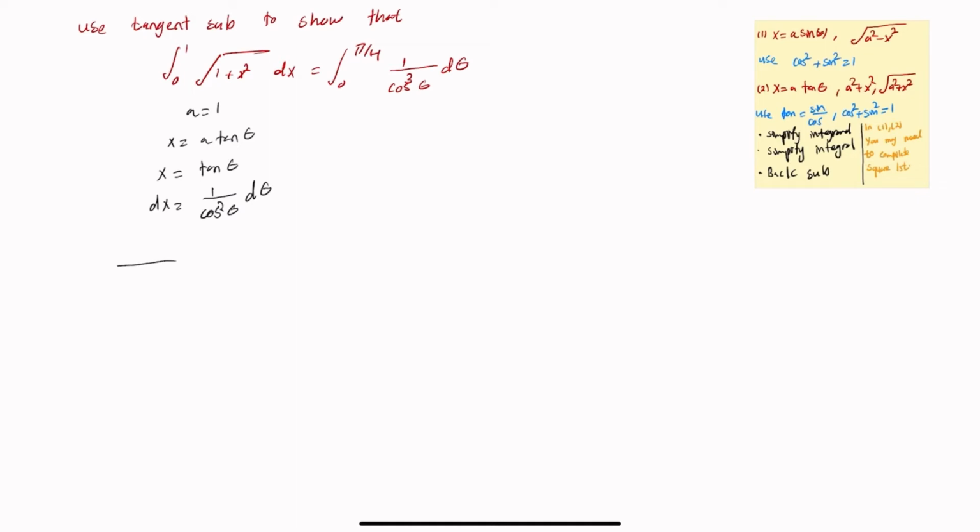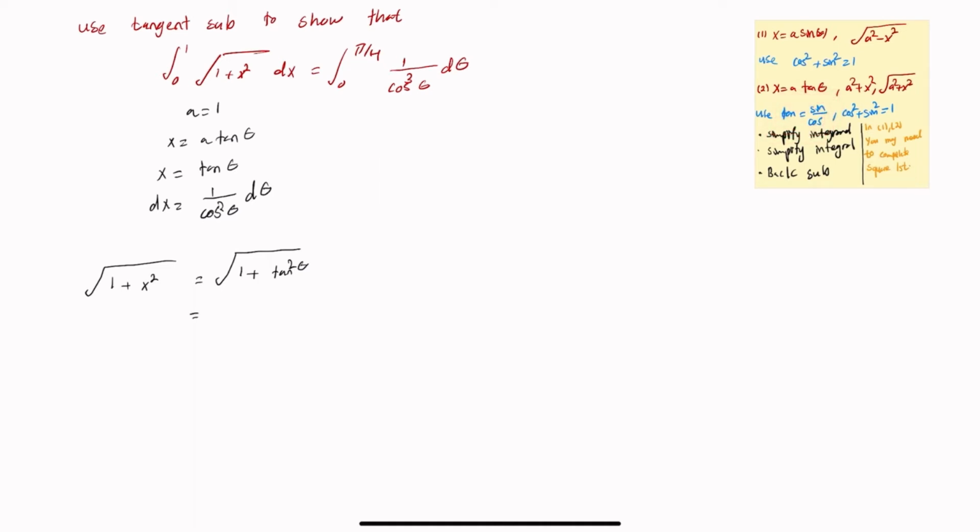So the integrand is the square root of 1 plus x squared. That's going to be equal to the square root of 1 plus, and then x is just tan of theta, so we're going to have tan squared of theta. Now I'm going to use tan equals sine over cosine.